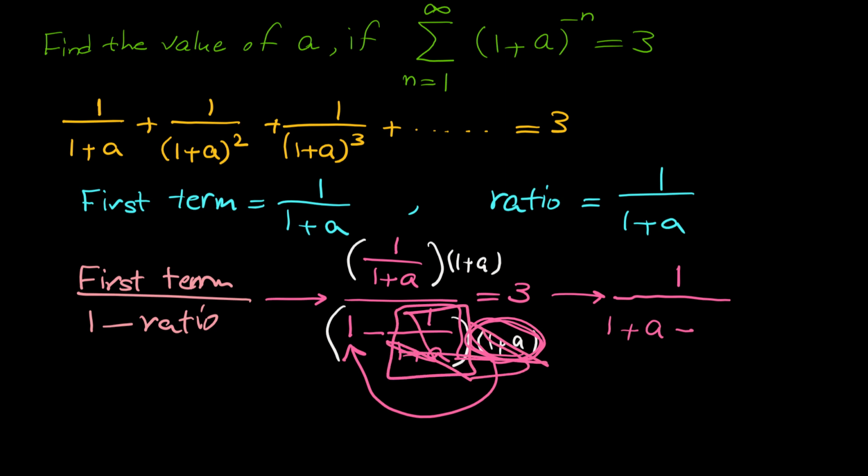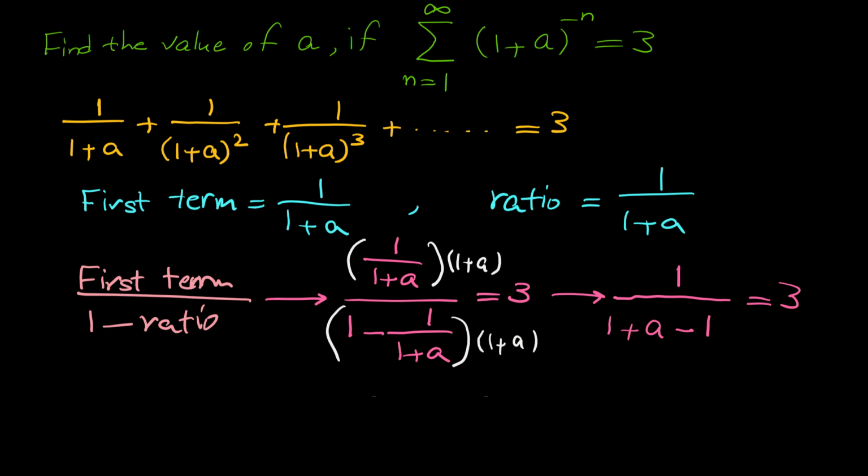This goes with this and we have minus 1, so minus 1, and it equals 3. As you can see, my technique for solving this equation is much better than doing common denominator and dividing numerator by denominator and so on. Simplify this denominator.